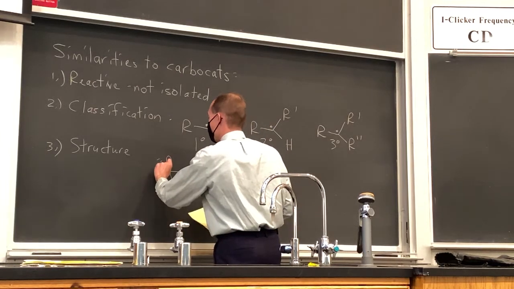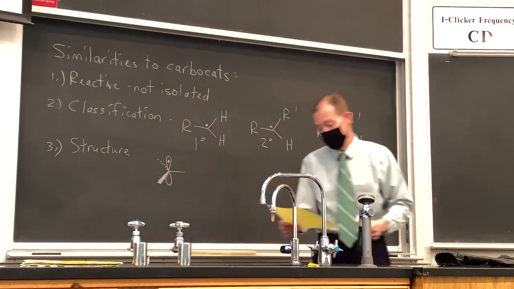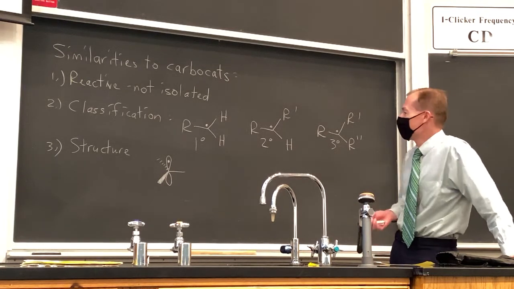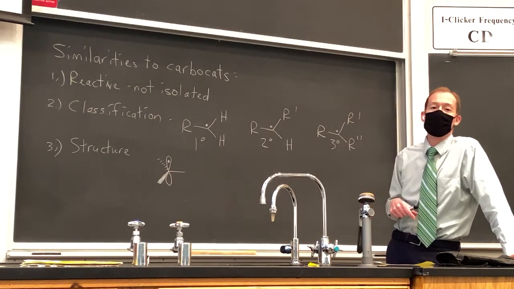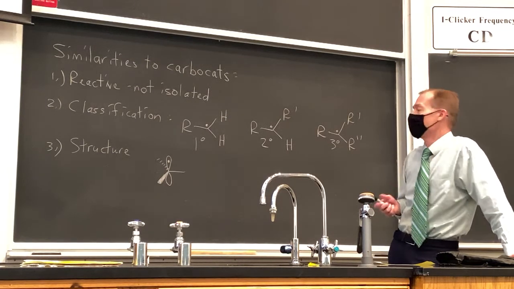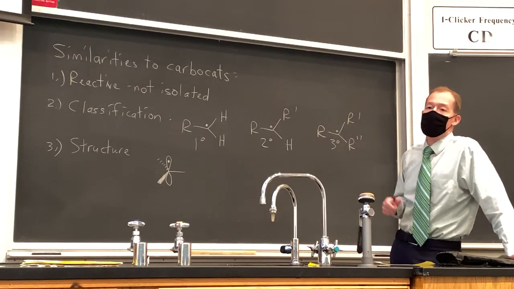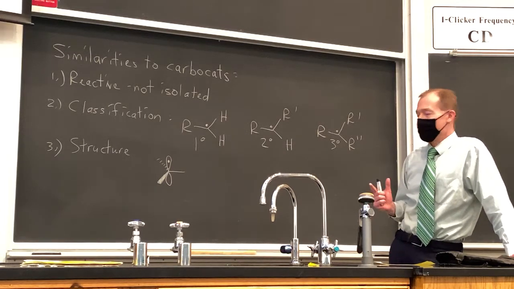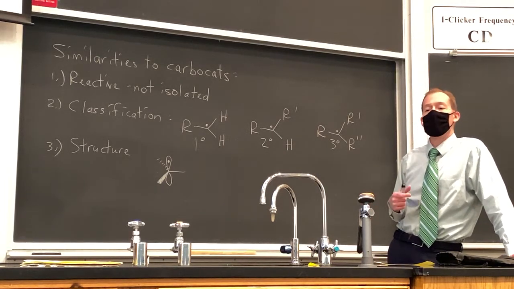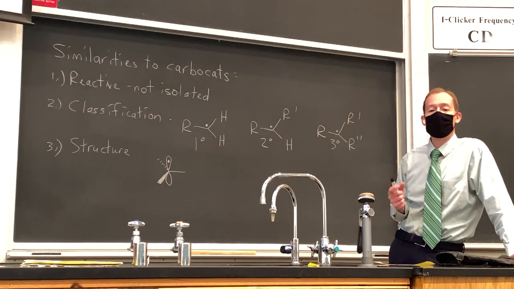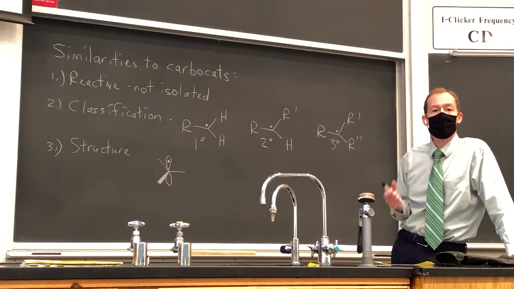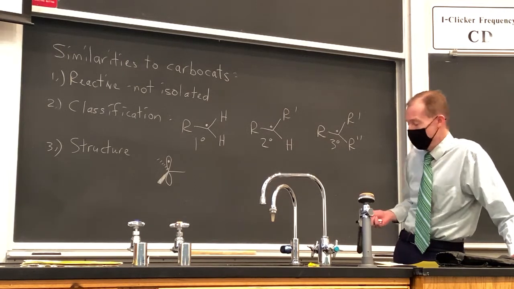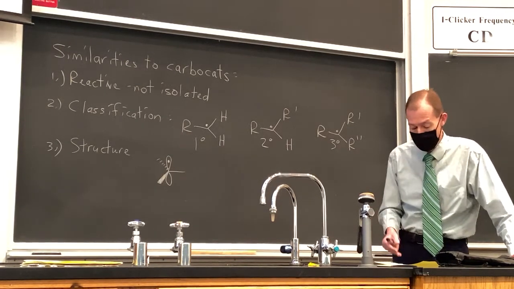And we have a p orbital, and that p orbital is unfilled. Okay, now it's half filled. In a carbocation, the p orbital is empty. In a radical, the p orbital is half filled. But if we're looking at similarities between carbocations and radicals, we could say that both of them have an unfilled p orbital. Okay, so that's a similarity. Trigonal planar, sp2 hybridized.